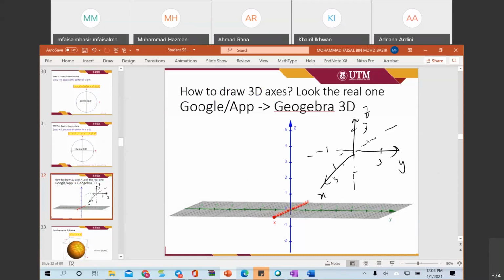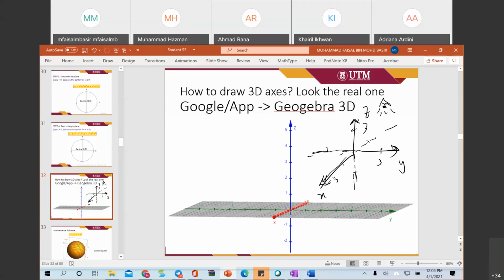Okay, to draw this, you have to place your eyes correctly. Say that I want to see from here. I put the eyes here. So which means I have to draw on the XY plane.